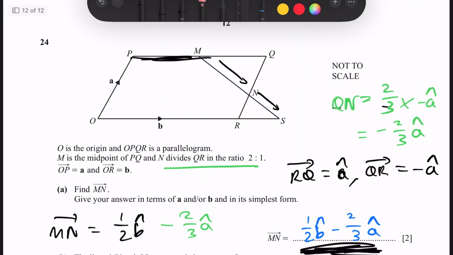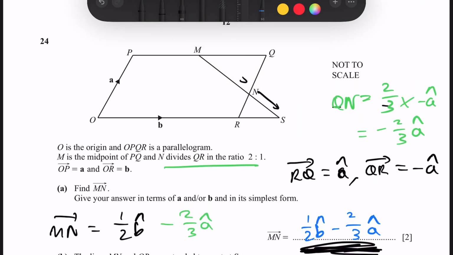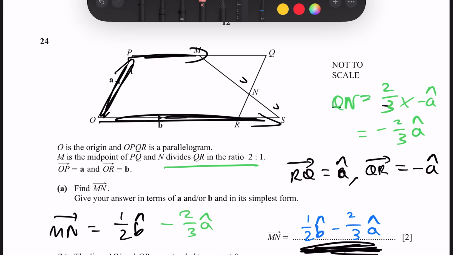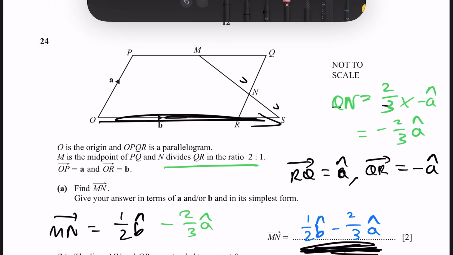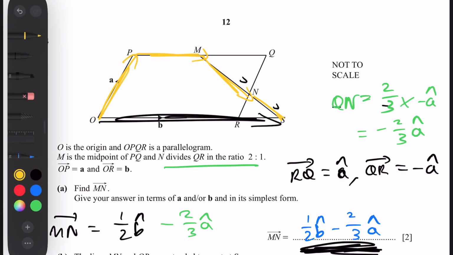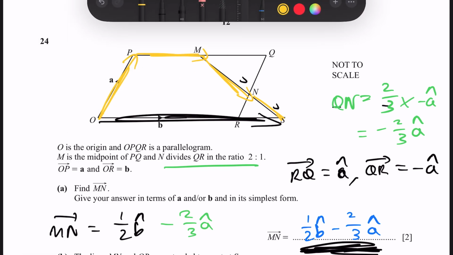Since if we think about it, this vector plus this vector plus this vector plus this vector both have the same vector, just they reach the same point through different ways.